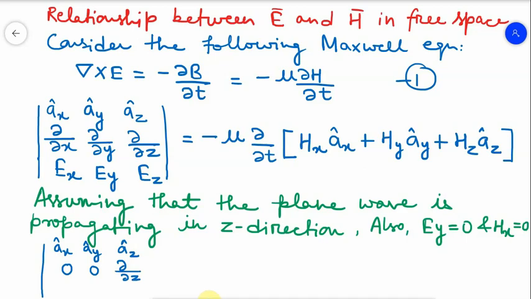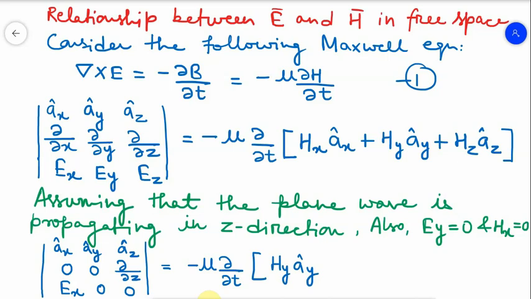Ex will be there, and Ey is 0, Ez is 0. Here also minus mu del t, and now Hx is 0, also Hz is 0, so only Hy will remain: Hy ay.